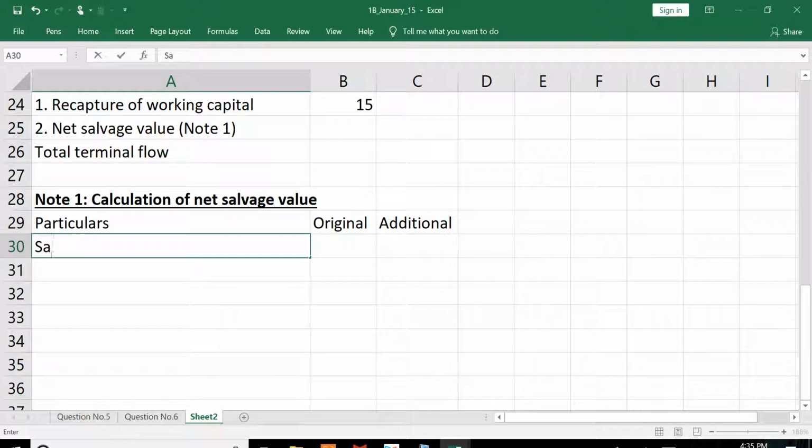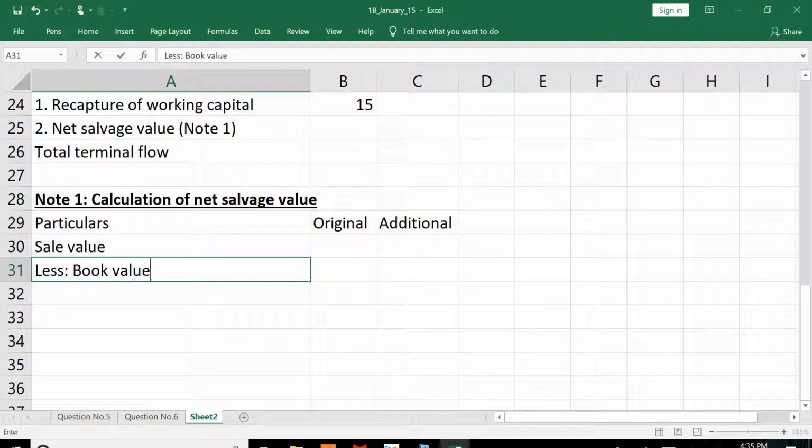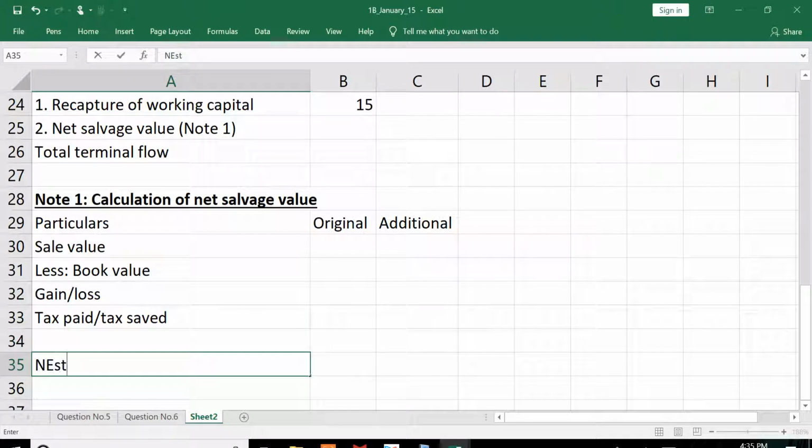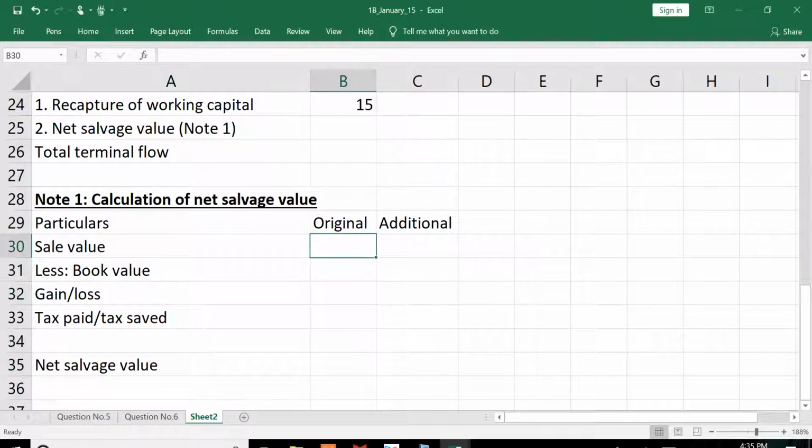We will start with sale value less book value, gain or loss, tax paid or tax saved, and leave a line, net salvage value.